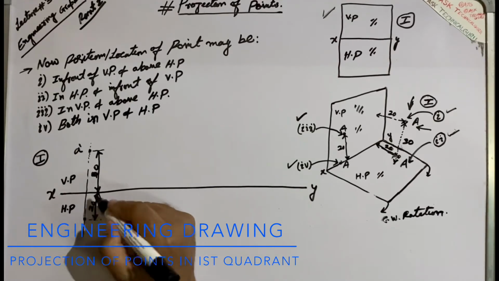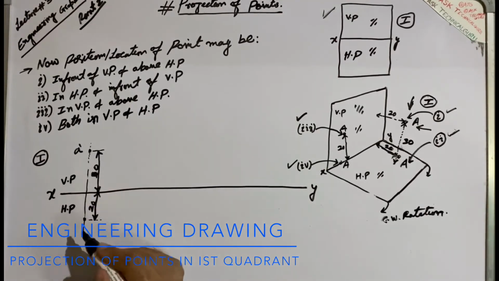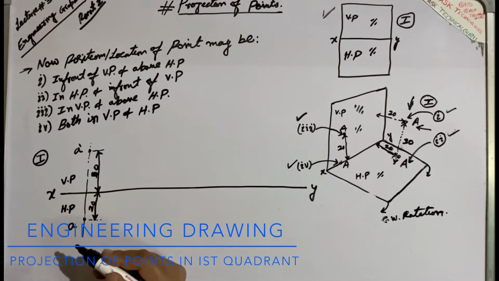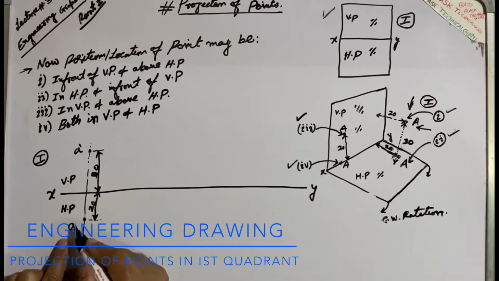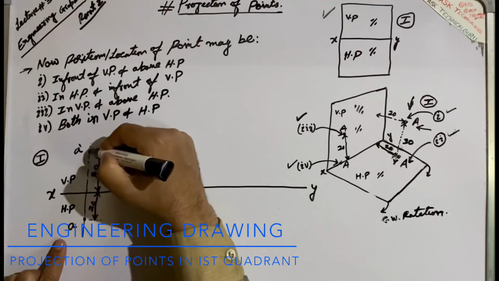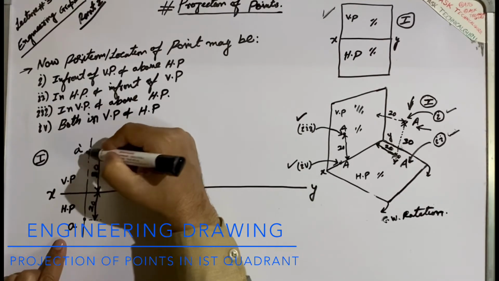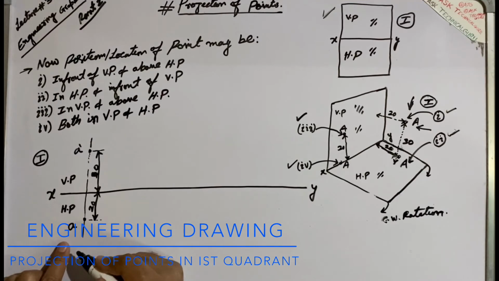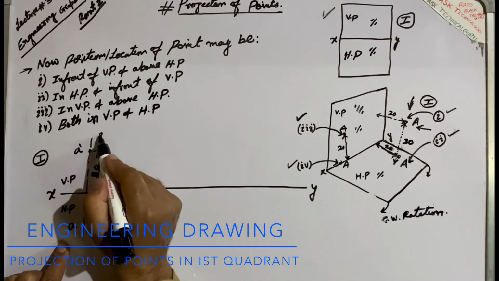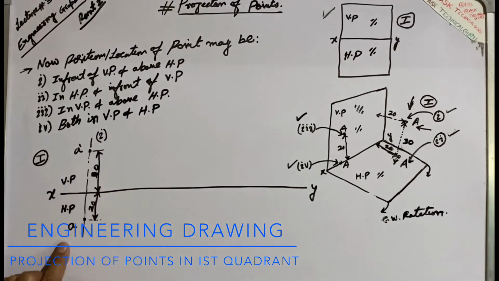This is 20 mm, this is 30 mm, and this is its top view. Is it clear? Top view is always denoted by small a if the point is capital A, and this is the thin projector line. This is the front view and this is the top view. Is it clear? This is for condition number first.